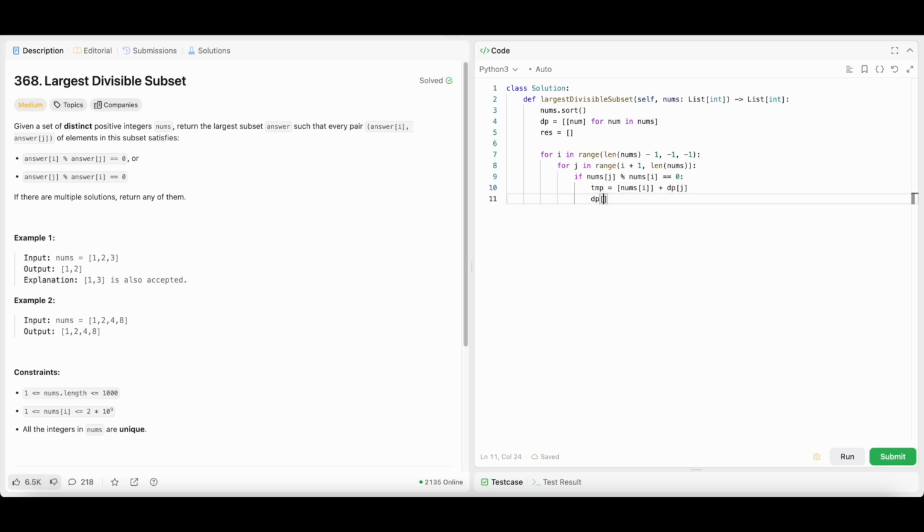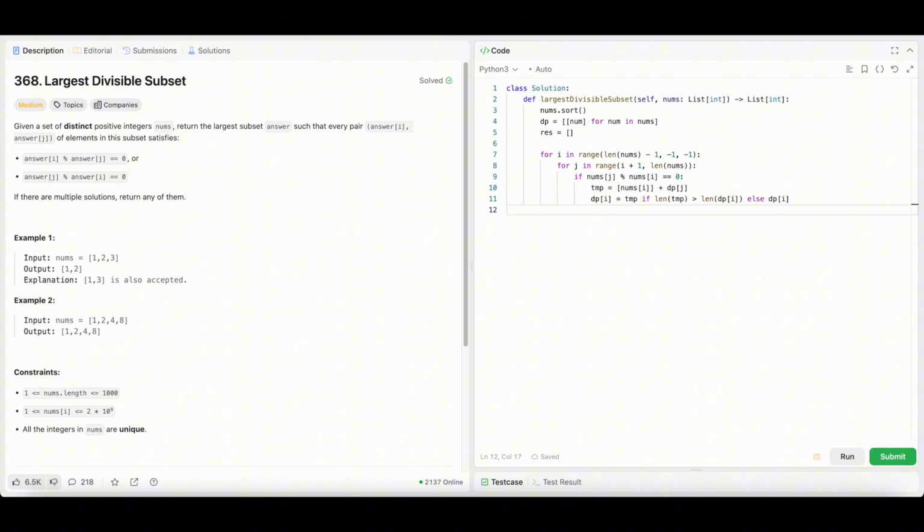And if this temporary array happens to have a larger length than dp of i, then we would update dp of i to that. Otherwise, we would just not keep it, so it will say else dp of i.